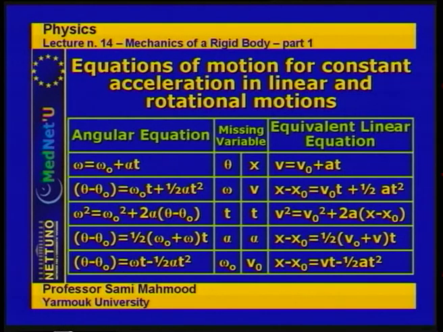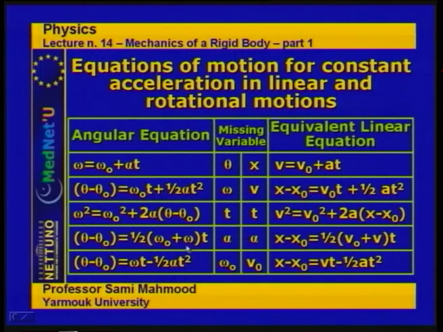So this will give us the first equation: omega equals omega naught plus alpha t. This looks exactly the same as v equals v naught plus at, with only replacing the linear velocity by the angular velocity and the linear acceleration by the angular acceleration, and we arrive at the same equation.